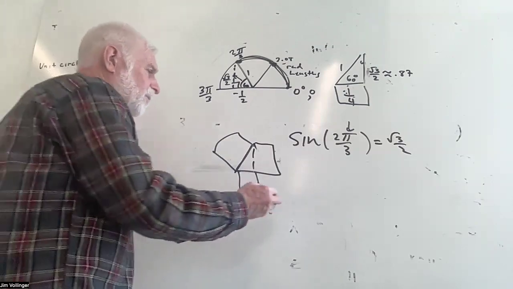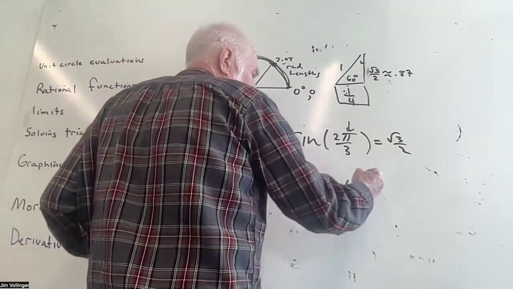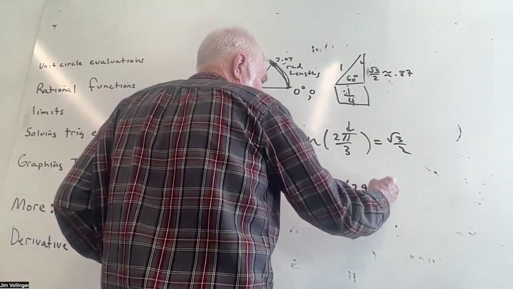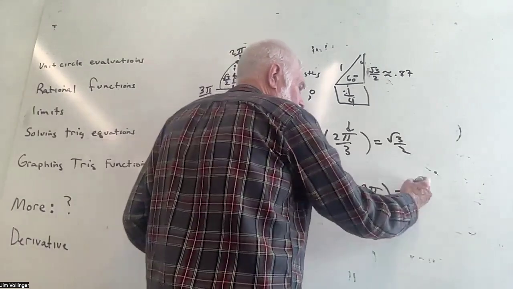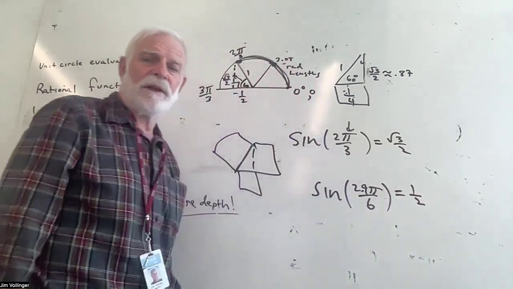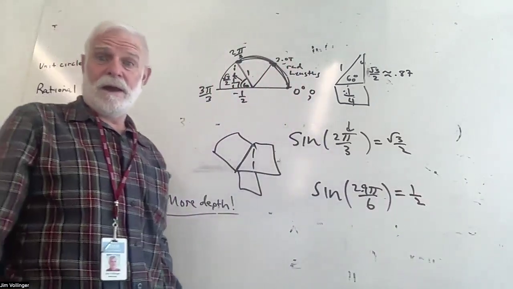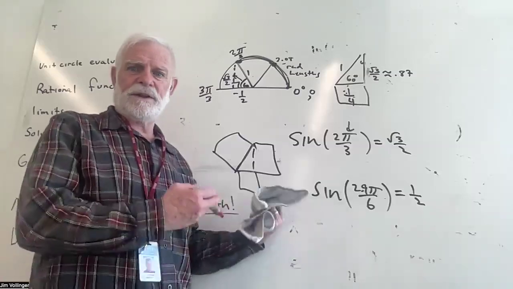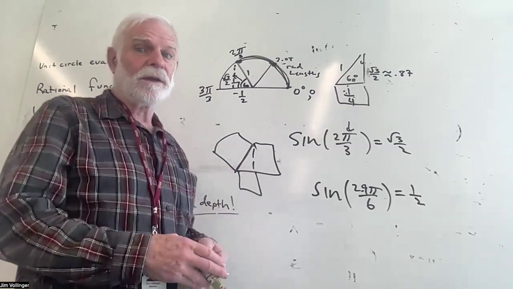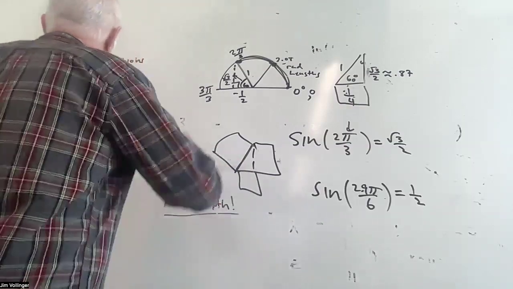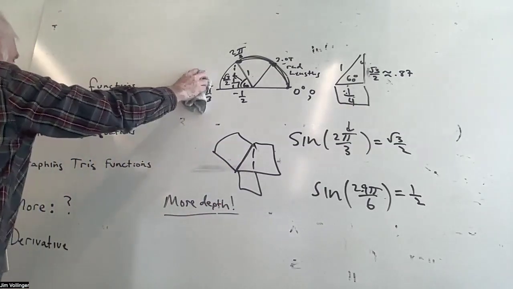And then you can look at a problem like the sine of, I don't know, let's do 29 pi over 6. All right, and then you're going to say, I hope, a half in 5 seconds or less by the end of the term. How are you going to get there? Understanding the concept, drawing good pictures, and trig gets good answers. All right, so that's unit circle evaluations.